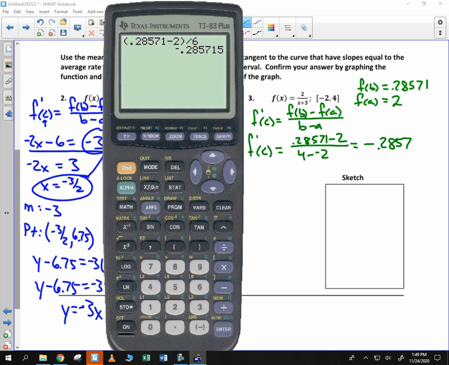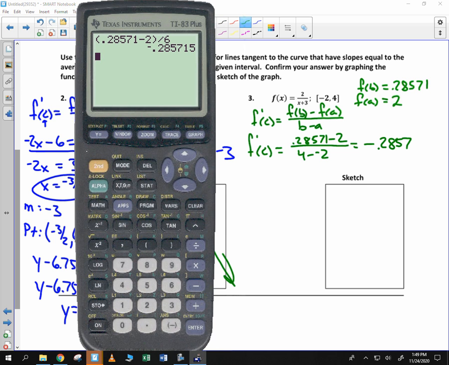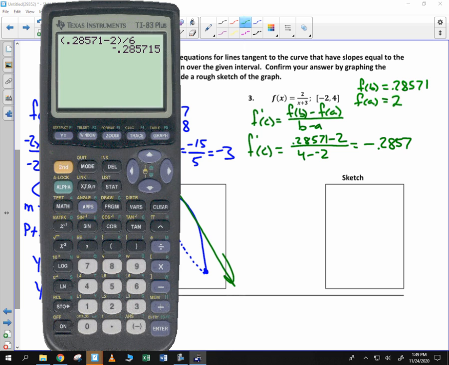Very good. So that's f prime of c, that's the derivative at that spot, the average rate of change. If we go into y equals, and I want to view that over that specific domain, I can go divided by parentheses, and we're going to say x is greater than or equal to negative 2. So I go into my test, grab number 4, greater than or equal to, and go second catalog and grab the and function.